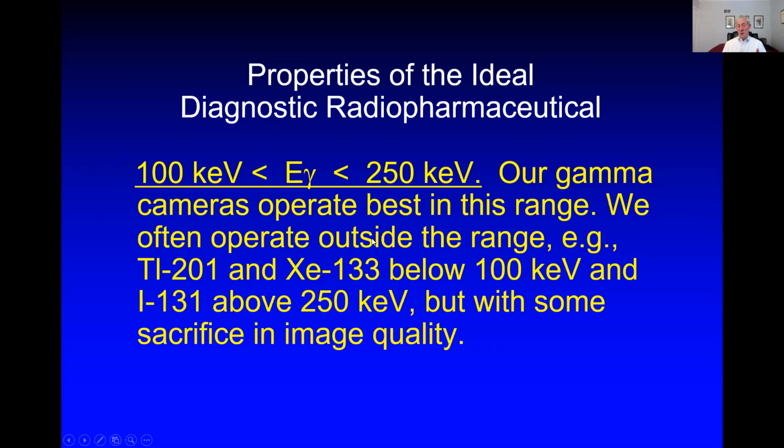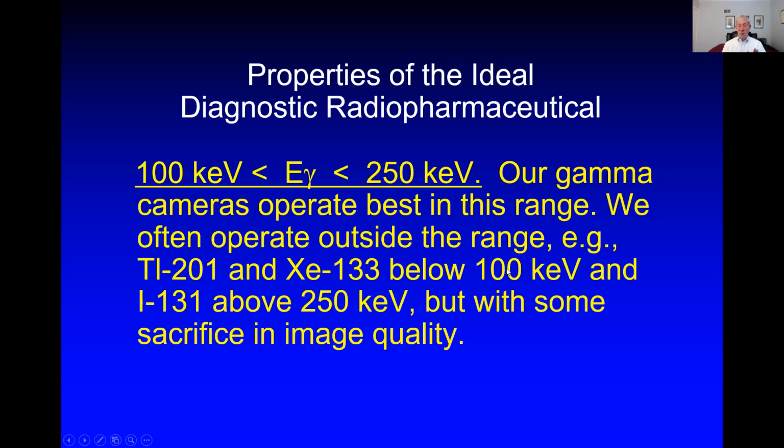That should not be a surprise because this range is optimized around technetium, our so-called workhorse of nuclear medicine, and I-123 and indium, and things that are in that range of perfection. We work outside that range sometimes. We don't like to because, as you'll see in an upcoming graph, the image quality drops. If the energy goes too low or too high, the image quality drops. So we want to be here, 100 to 250.